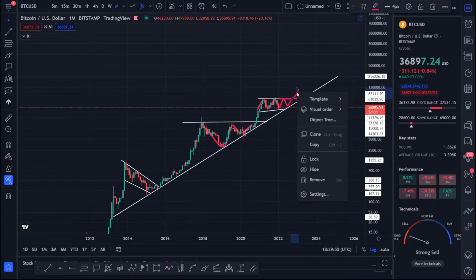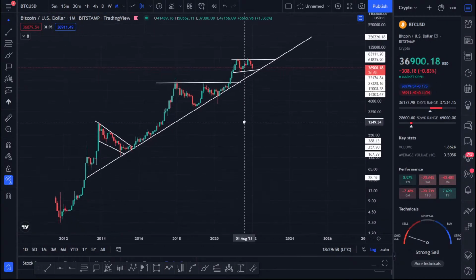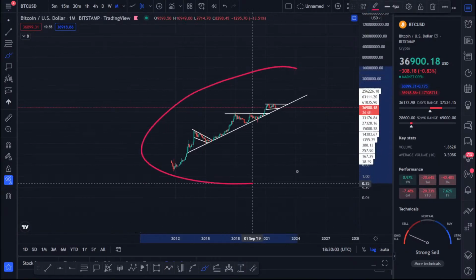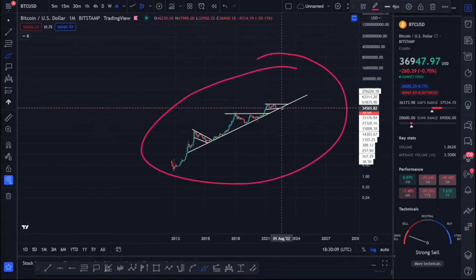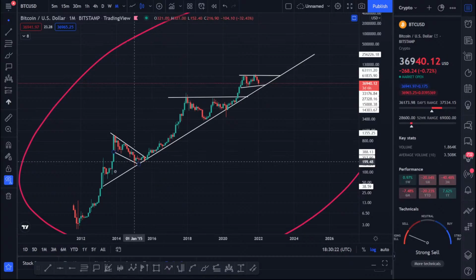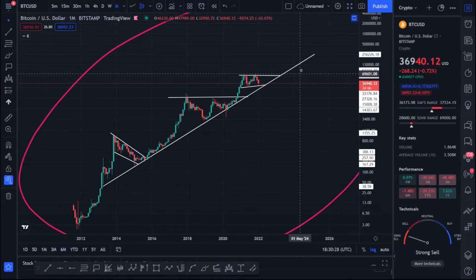If it breaks this support line, which I think is very important for Bitcoin, then Bitcoin can have a reversal in place where it can come down and have somewhat of a pullback, not to the 15,000s, but it can surely have some correction that can take place. But this support level is a very significant support level for Bitcoin.